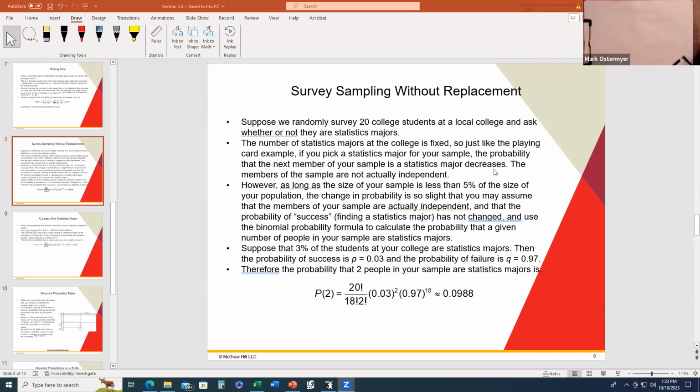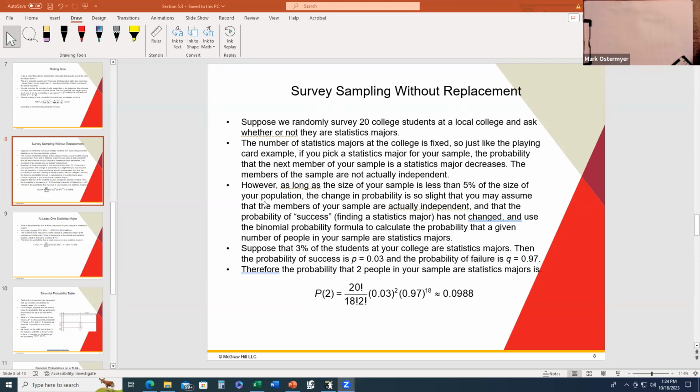Because it's like an experiment without replacement, the members of the sample are not independent of each other. So these are dependent trials, not independent.